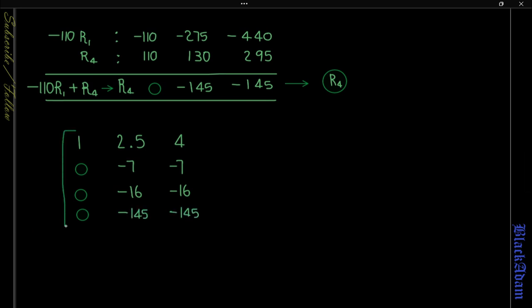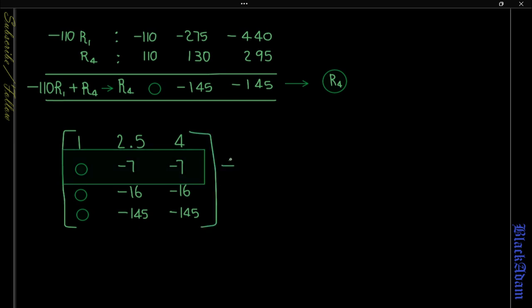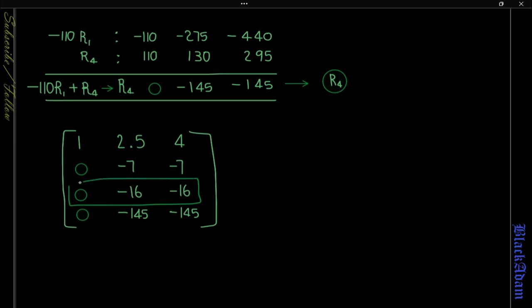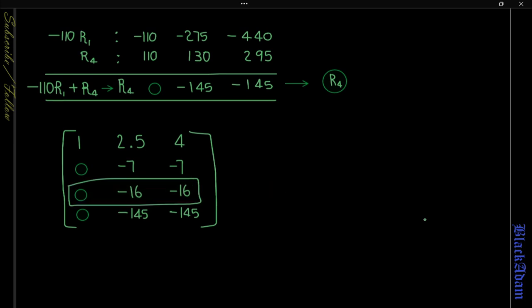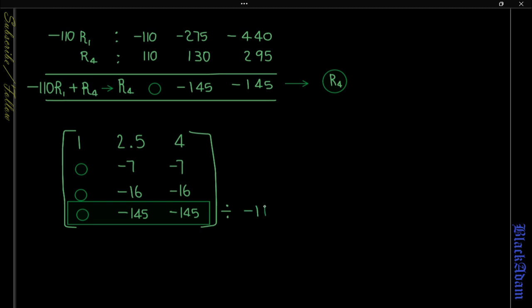So that's our matrix. We know that row 2 we can divide by negative 7, that will give us 0, 1, 1. Row 3 we can divide by negative 16, to give us 0, 1, 1, and row 4 we divide by negative 145, that will give us 0, 1, 1.